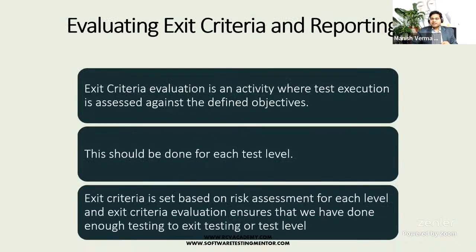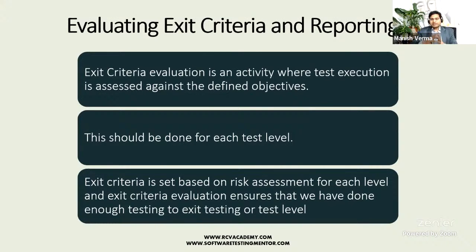Now, evaluating exit criteria and reporting. Exit criteria evaluation is whether the acceptance criteria have been met or not. All of these phases that we are understanding, in Agile you do the same thing, but all of these phases are done within 2 sprints.